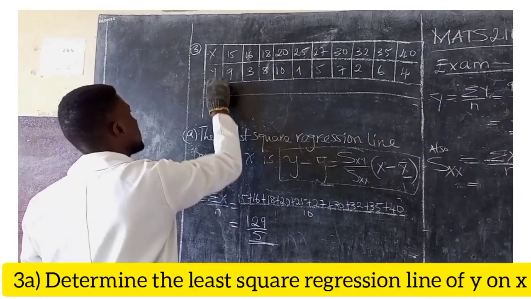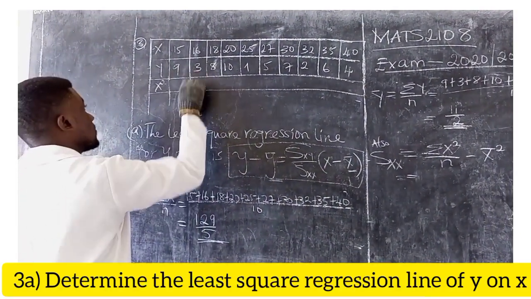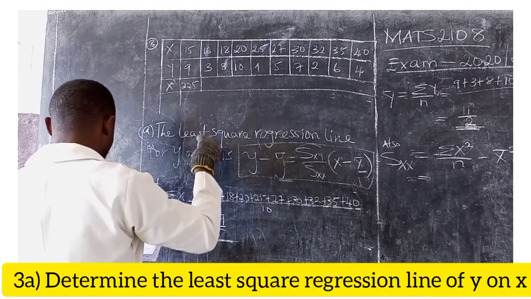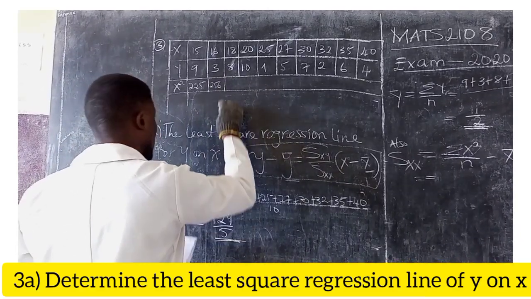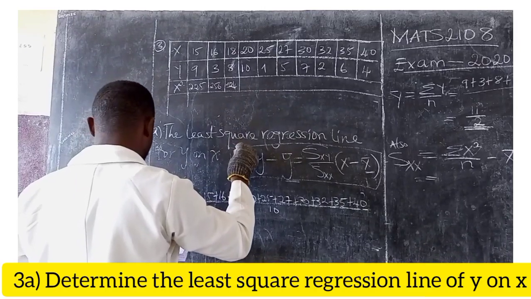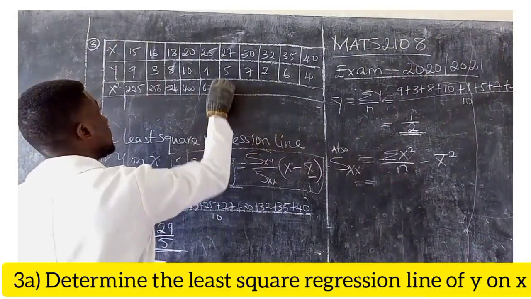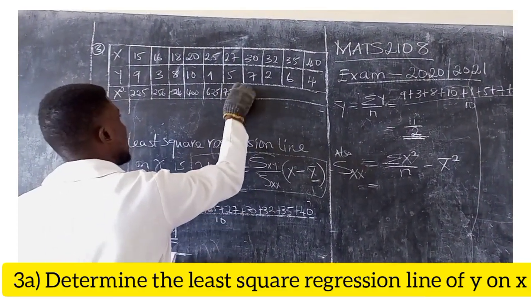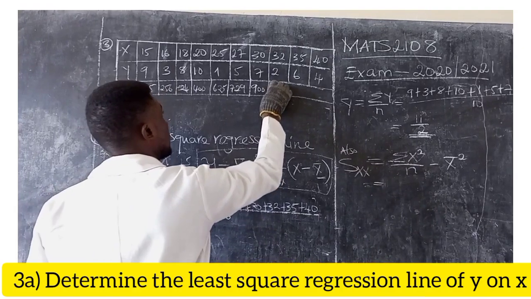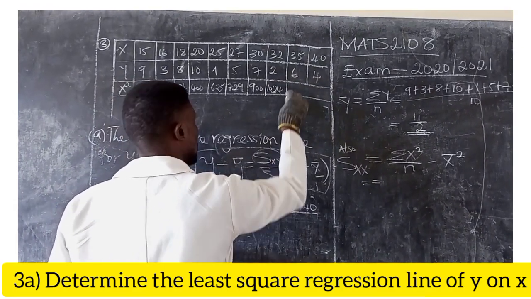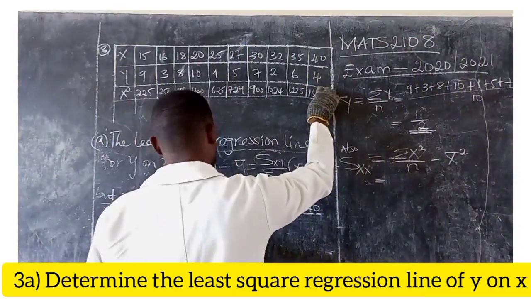I'm going to square it here, x squared. If we square x, we are going to have 225, 256, 324, 400, 625, 729, 900, 1024, 1225, 1600.